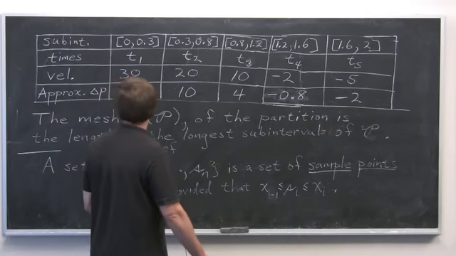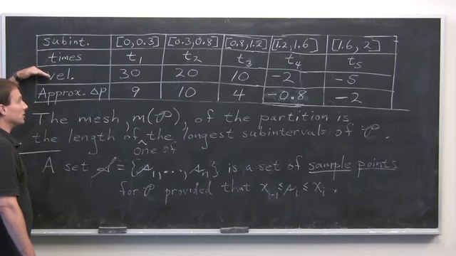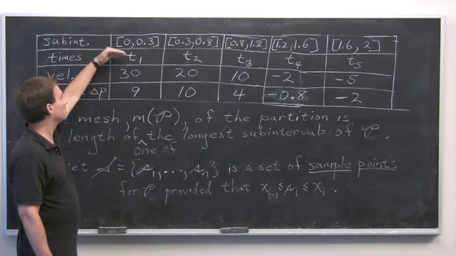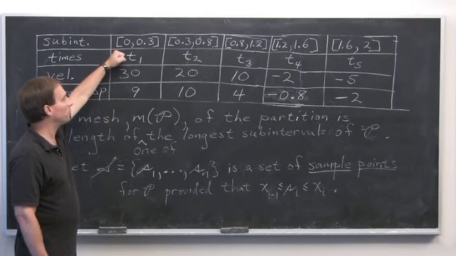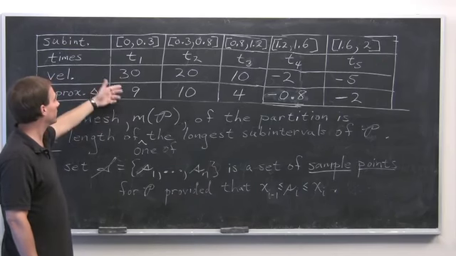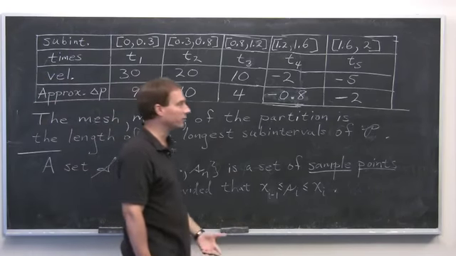That's all we've done. Now suppose you've got the function values at your sample points, and then you take that function value, multiply times the length of the corresponding subinterval, and take all those pieces and add them together.